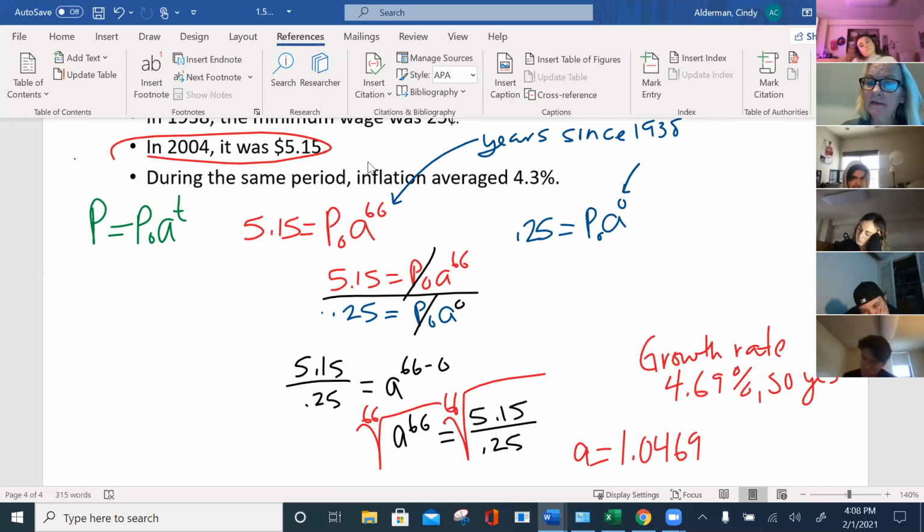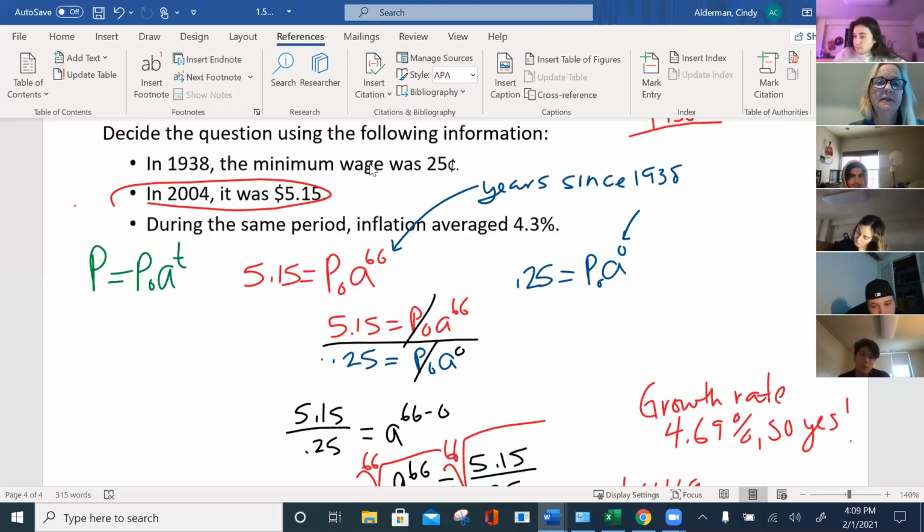And that's because 4.69 is even a bigger growth rate than the inflation rate, which is 4.3%. So I would say yes, and then some, right? And let's make sure.